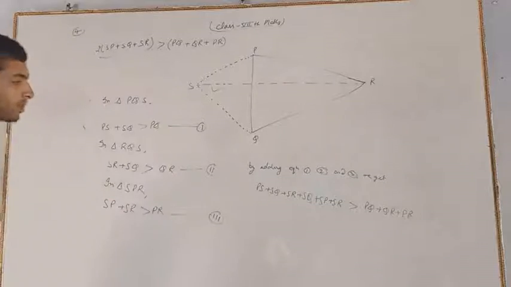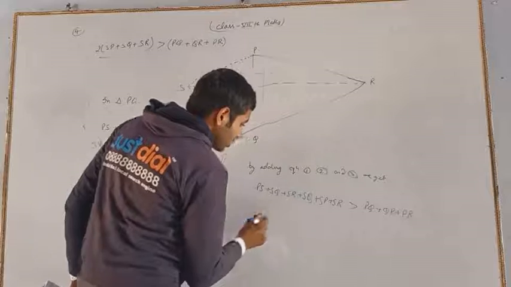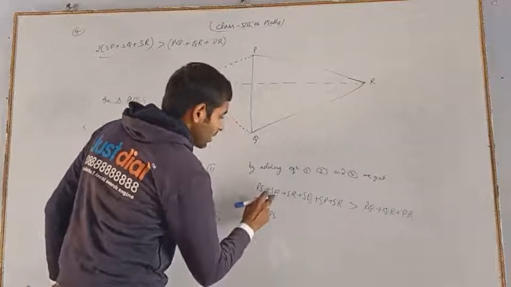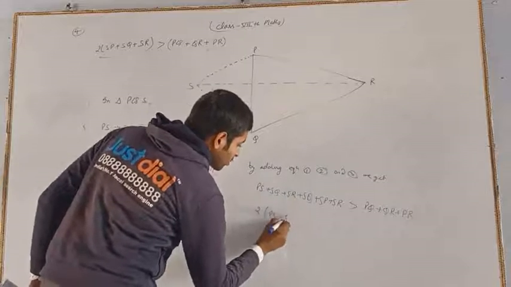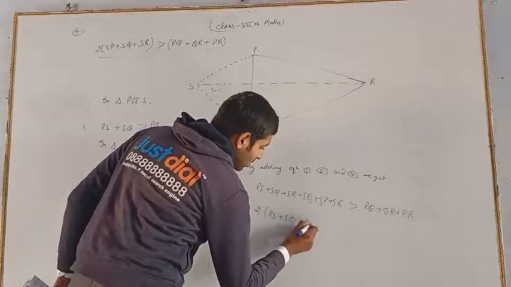So from here we find PS plus PS is 2PS, SQ plus SQ is 2SQ, SR plus SR is 2SR.